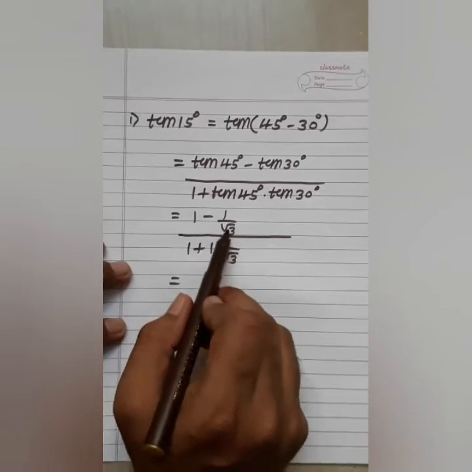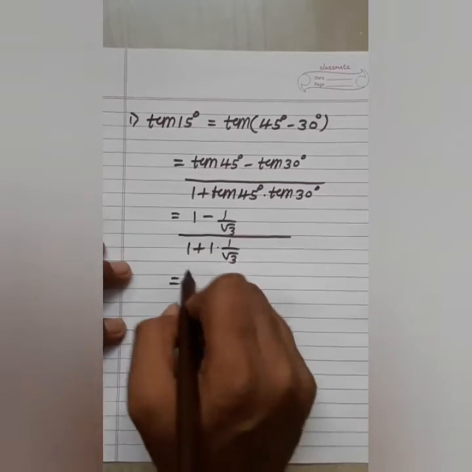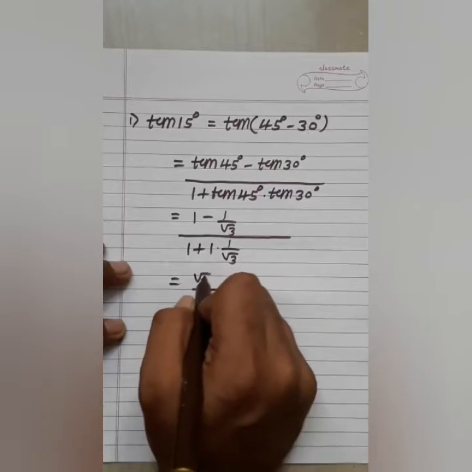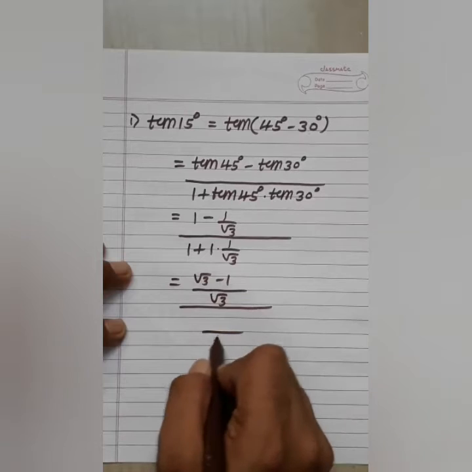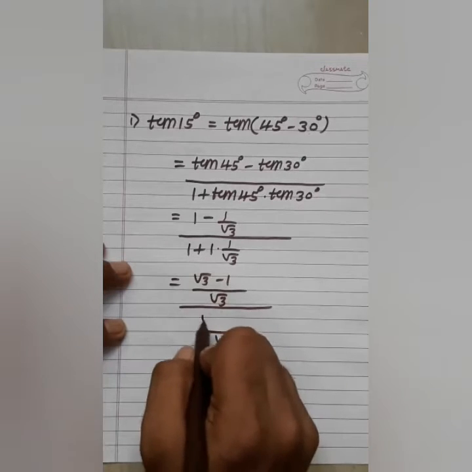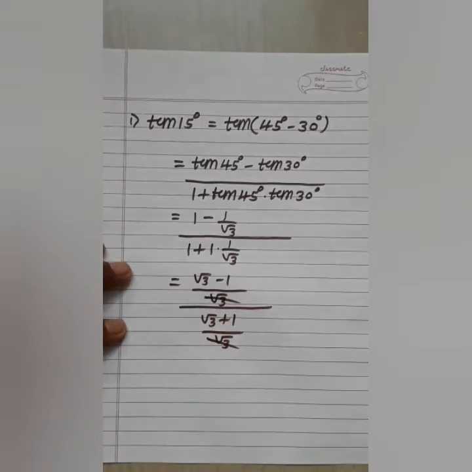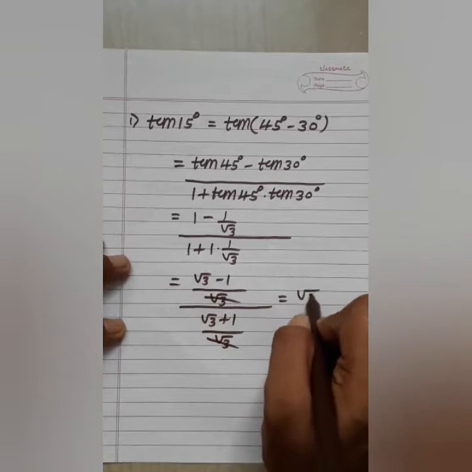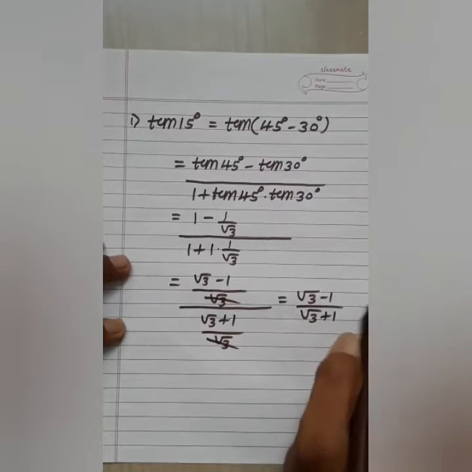The LCM is the same in numerator and denominator, so we can write under root 3 minus 1 upon, in the denominator, under root 3 plus 1. After under root 3 cancels out, the remaining term is under root 3 minus 1 upon under root 3 plus 1.